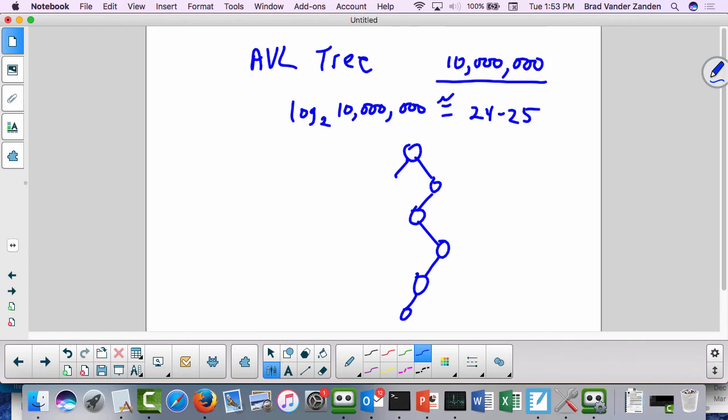Okay, so the problem is our branching factor stinks. And on any kind of large database with a large number of records, a binary search tree is just going to require way too many disk accesses.